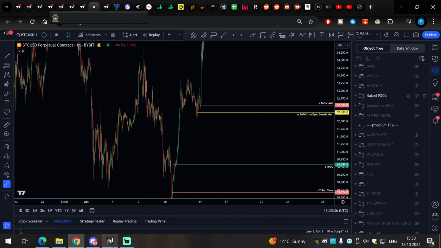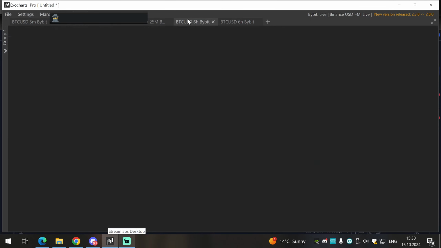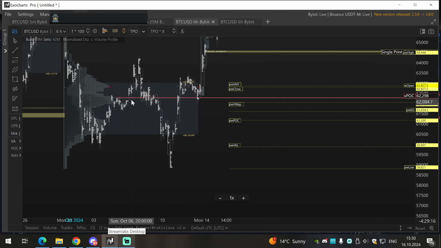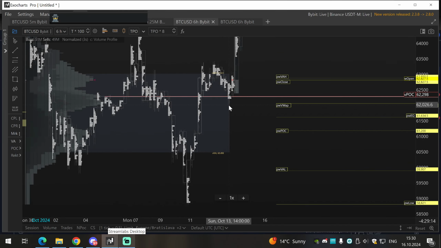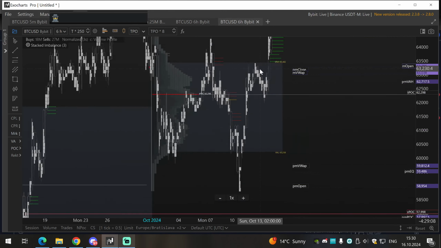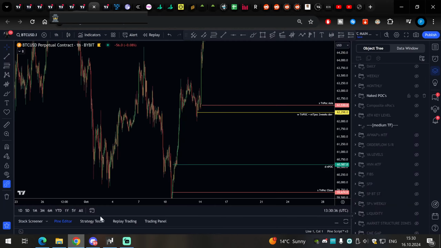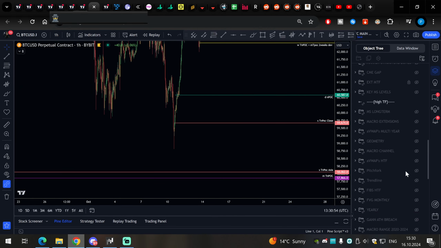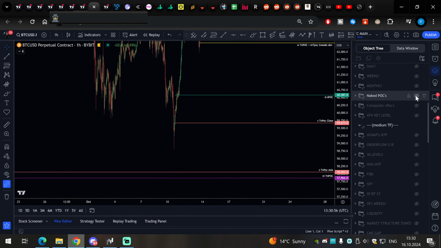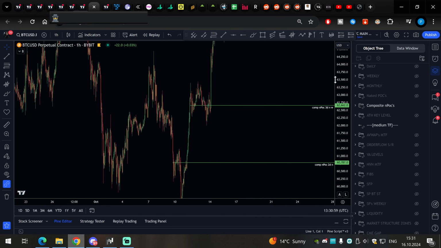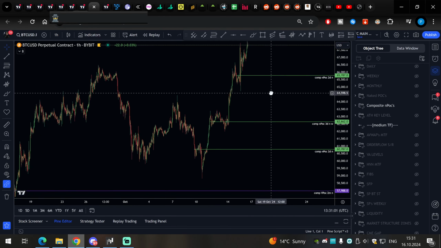This is the weekly point of control, and this one is very juicy on the retest. Maybe a swing failure pattern and then return back, reclaim it and push. And also you have monthly developing. So you have not only 1 week, but also 2 weeks of naked volume building here as well. So it's combined together and then a few more down. Composite naked box, you can mark on your chart.